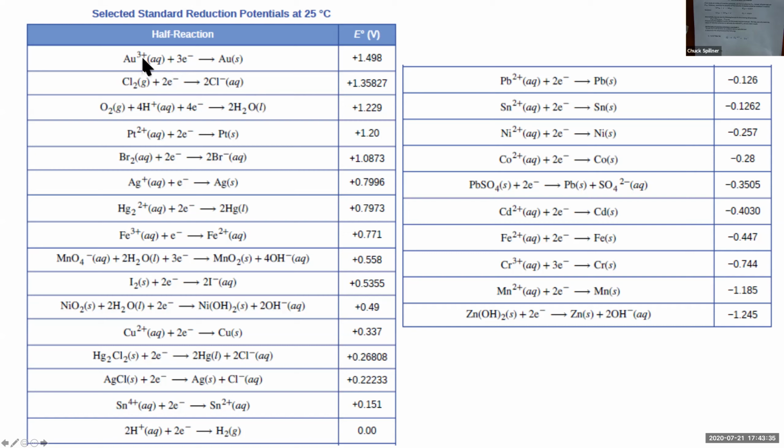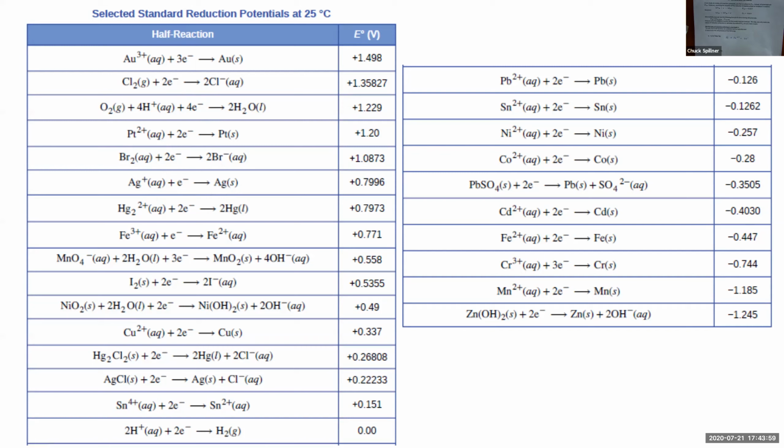If you take gold 3 nitrate and combine it with silver, the solid silver would have to be oxidized, so it would be at the anode, and the Au3+ would be at the cathode.